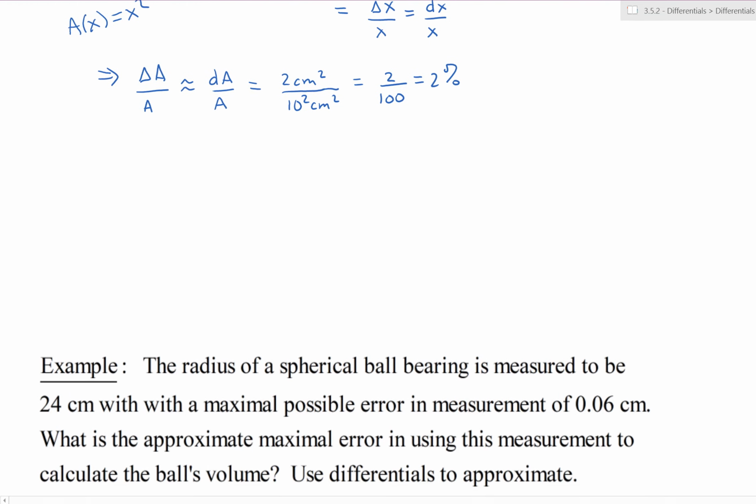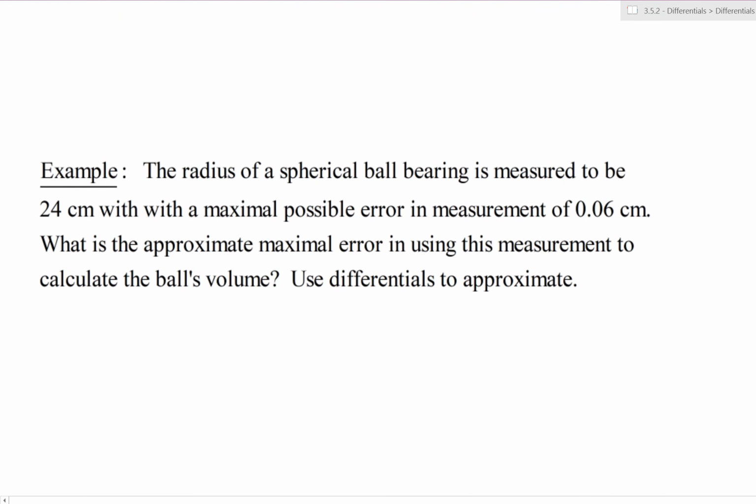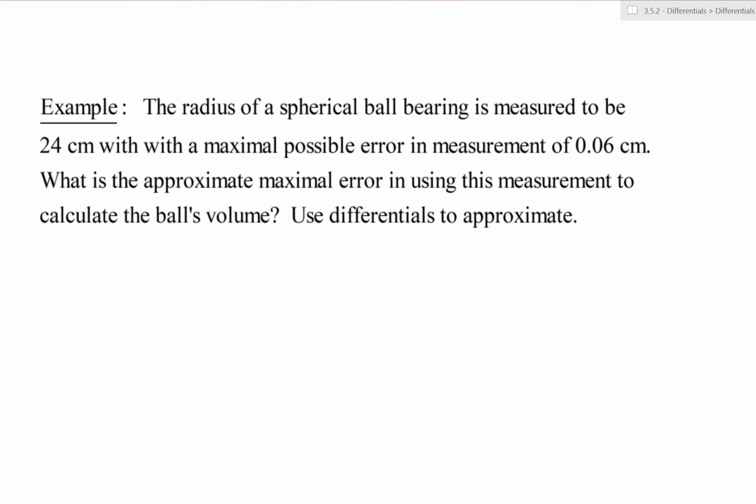Let's do another one to finish this video, just so we get the idea down completely, hopefully. Let's say in this situation that the radius of some spherical ball bearing is measured to be 24 centimeters and a maximal possible error in measurement of 0.06 centimeters.